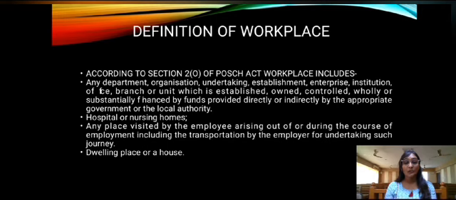After knowing about the POSH Act, we need to know the definition of workplace. According to Section 2O of the POSH Act, workplace includes any department, organization, undertaking, establishment, institution, office, or branch, established, owned, or controlled wholly by the funds of government or local authorities.